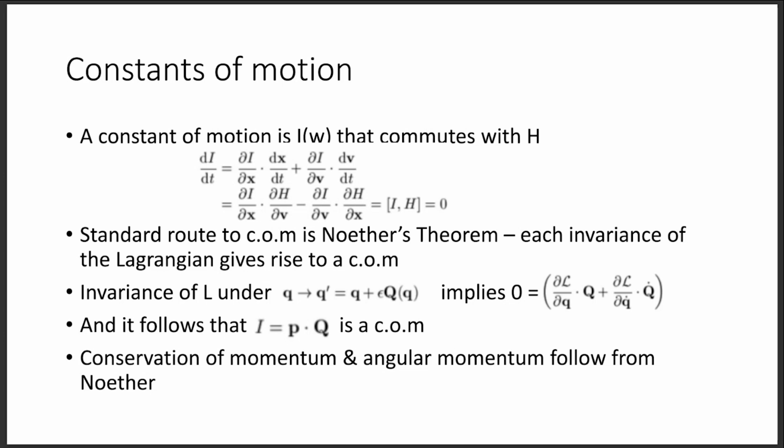I won't bore you by telling you again what Noether's theorem is, but probably we are all aware that conservation of momentum arises when the Lagrangian is invariant under a spatial translation. Conservation of angular momentum arises when the Lagrangian is invariant under a rotation. So this is the standard route to conservation.